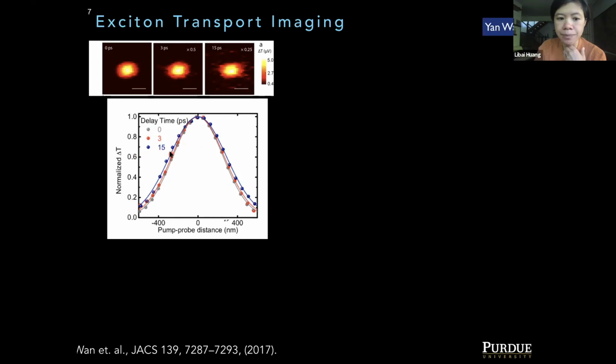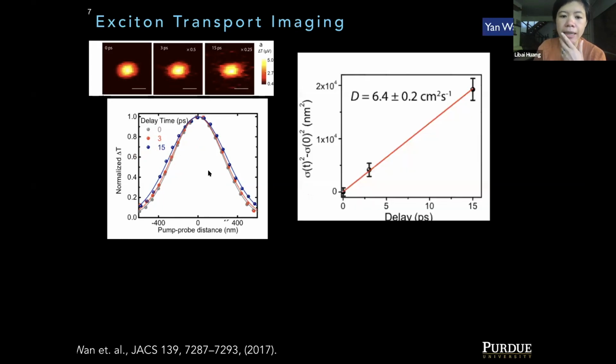If we assume that the exciton motion is all diffusive, then you would expect it to be described like a random walk of excitons, so that the diffusion constant can be extracted by looking at the difference of the width of this Gaussian.